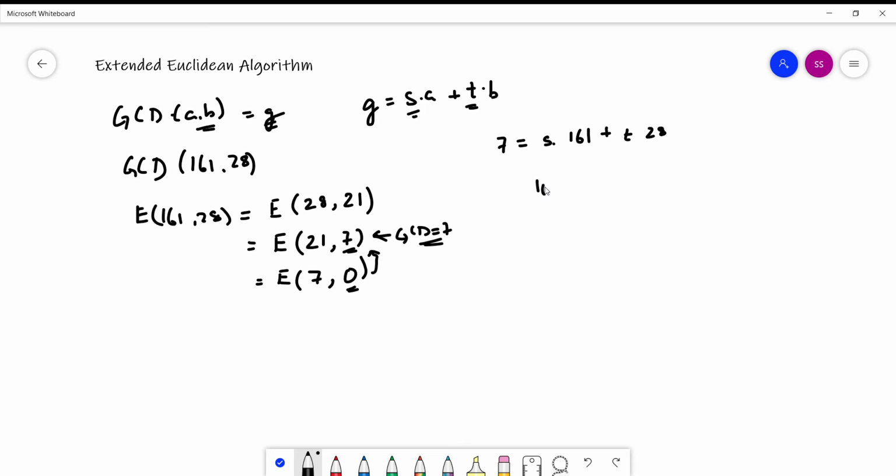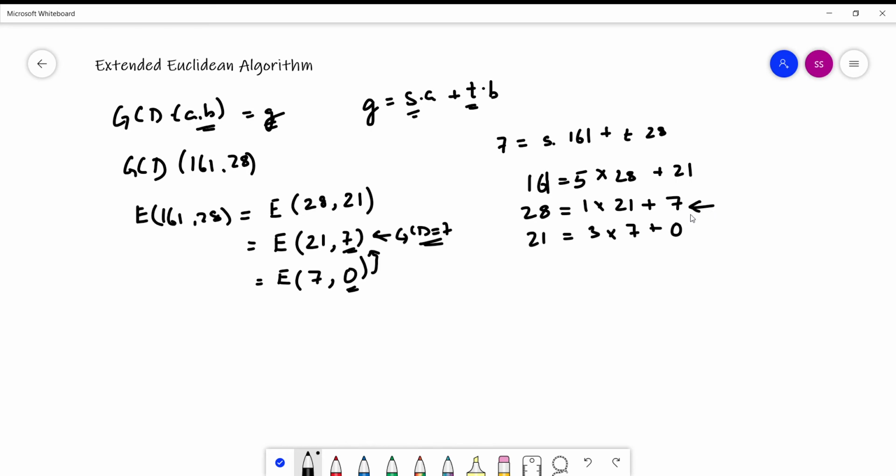I will just quickly write down the second method, as I have already explained that in the previous video. So 161 is equal to 5 into 28 plus 21, and 28 is equal to 1 into 21 plus 7, and 21 is equal to 3 into 7 plus 0. So here we got that the GCD is 7.